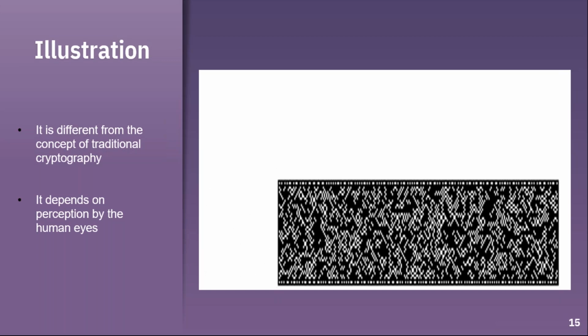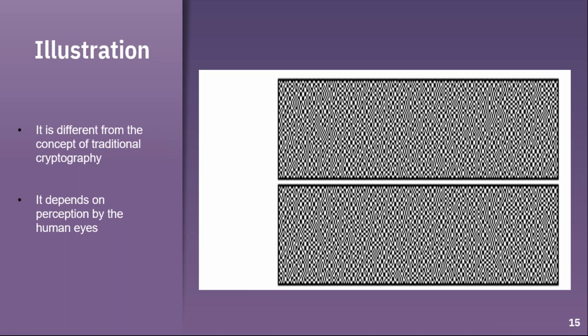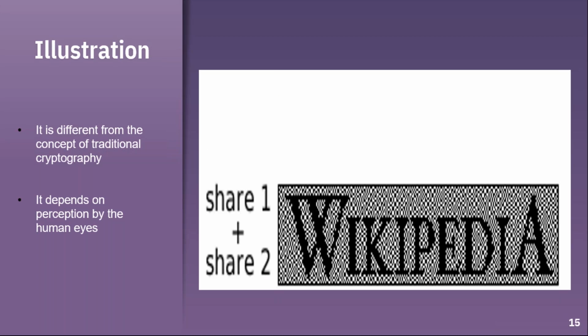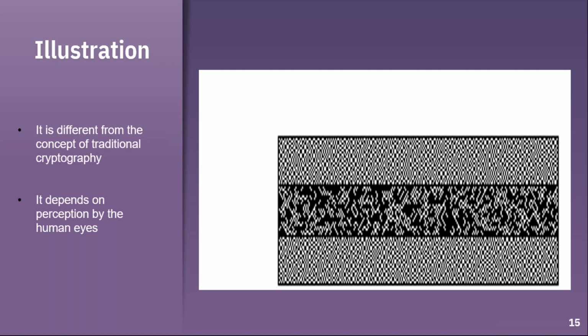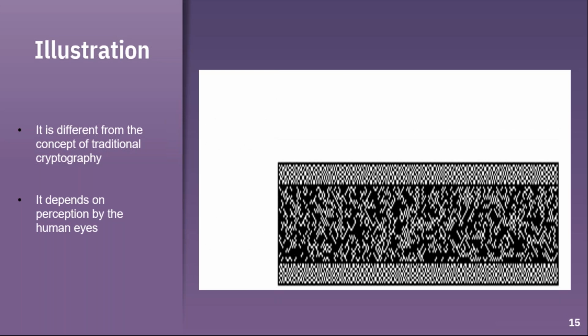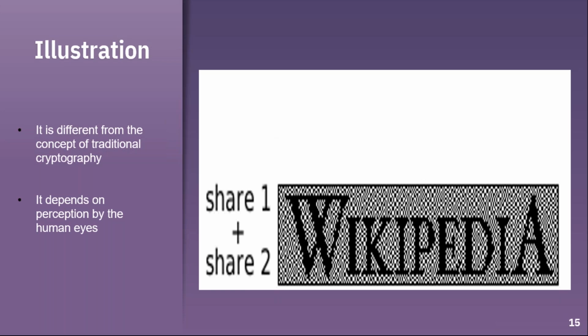So the main advantage of this technique was that no complex decryption algorithm has to be performed. This particular cryptography is used only in those cases when we do not need any complex decryption algorithm.